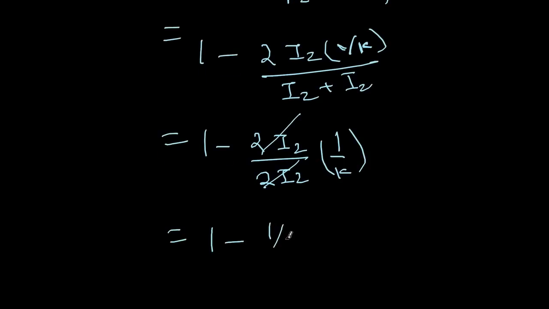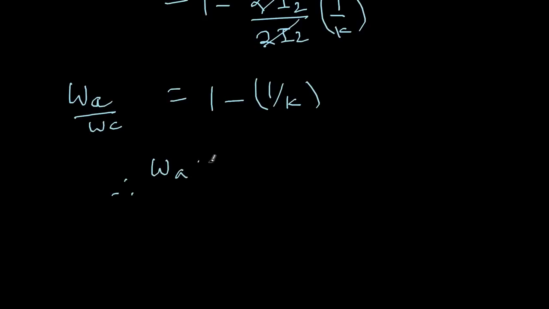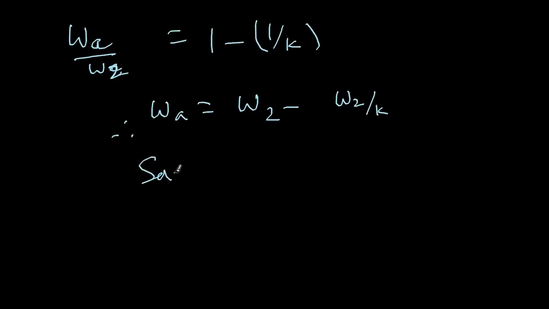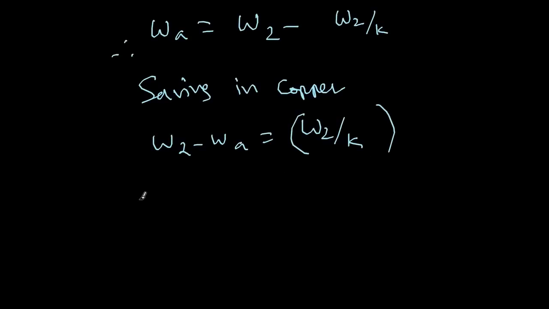Therefore 1 minus 1 by K is the final WA by W2. So if I want WA, that will be W2 minus W2 divided by K. And if you want saving in copper, that will be W2 minus WA, which is nothing but W2 by K, where we are discussing step-up transformer.